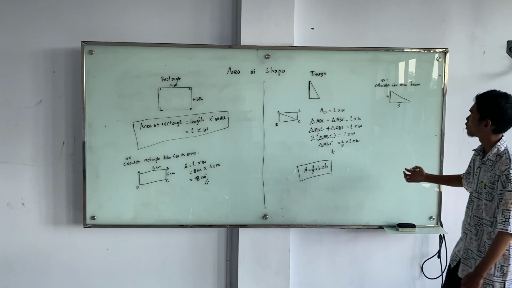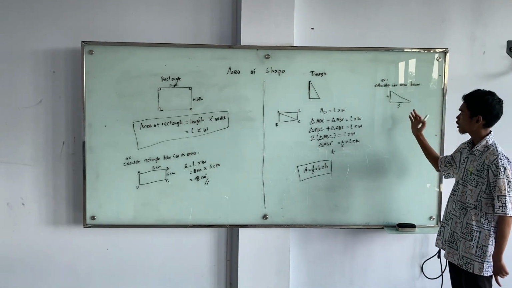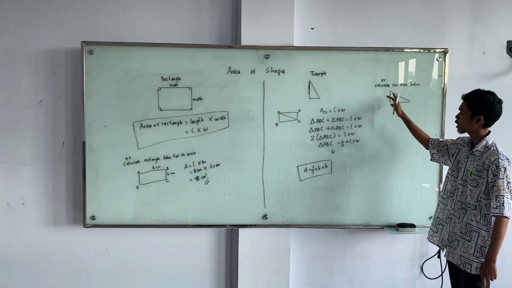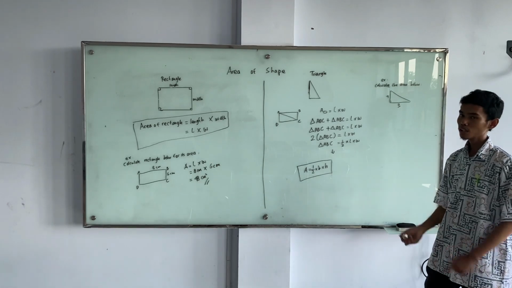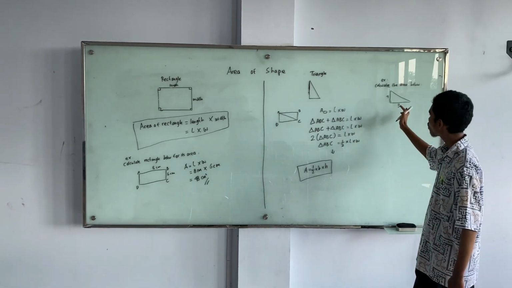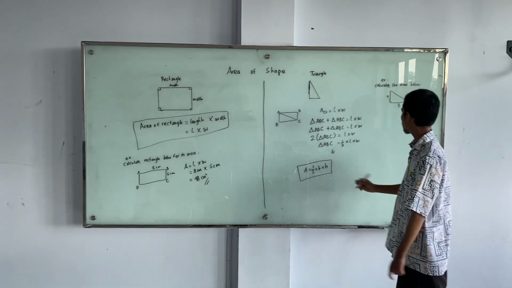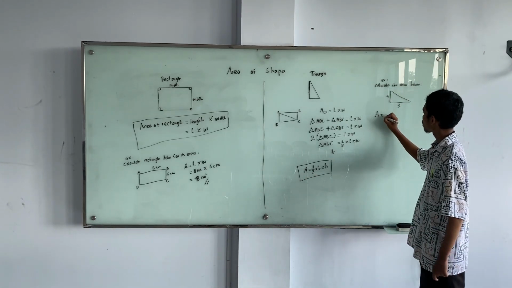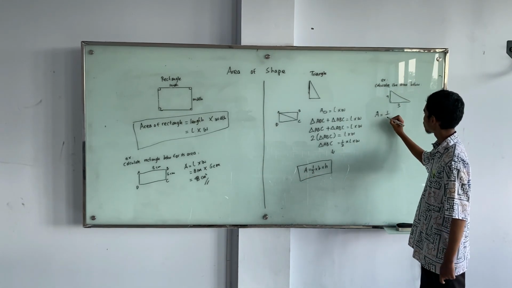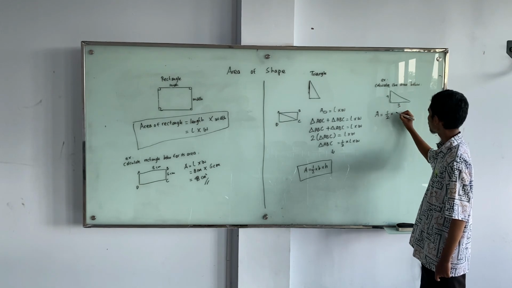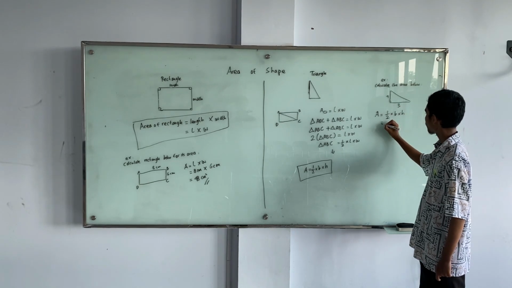Calculate the area below. There is a triangle that has base 3 and height 4, and so we substitute the values into the area formula. So, area of triangle is 1/2 times base times height.